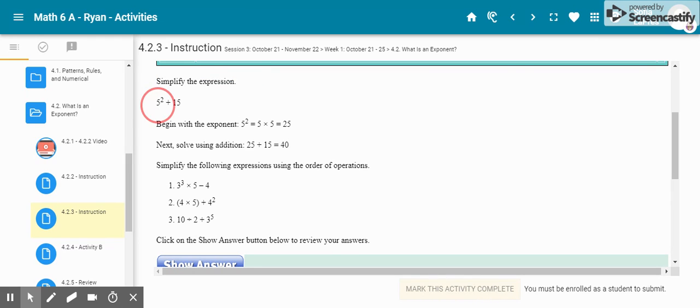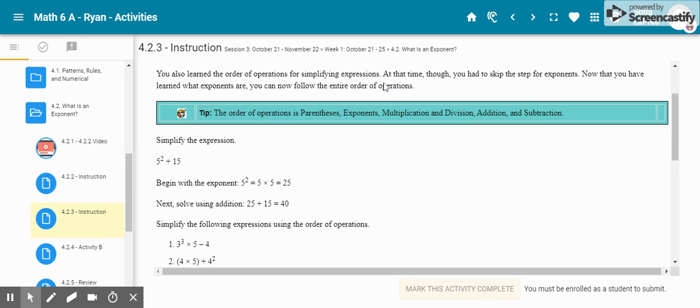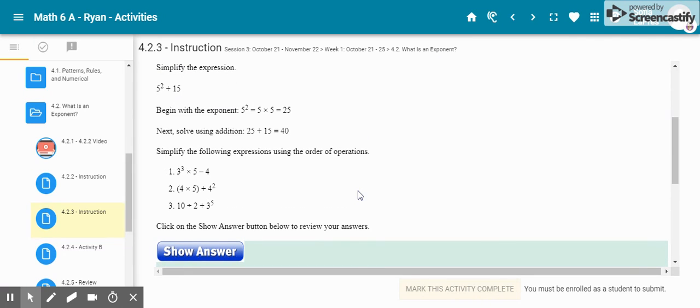Simplify the expression: 5 squared, or 5 to the second power, plus 15. So based on our order of operations, we don't have any parentheses. The next thing on the list is exponents. We do have an exponent here, so we're going to begin with the exponent.